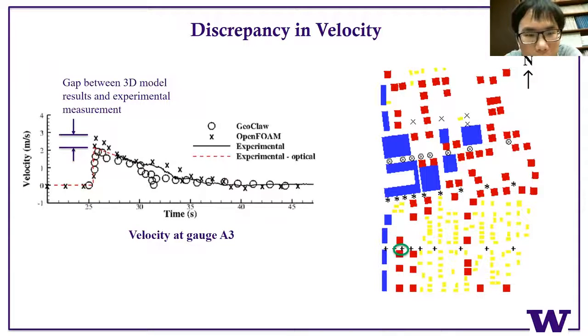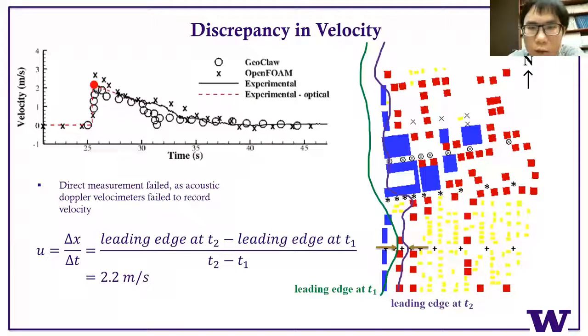Here you should know that the experimental measurements are represented by both the solid line and the red dash line. And here is how they got the red dash line from the experiment. In the experiment, the data represented by the black dash line is the measurement from the velocimeter.